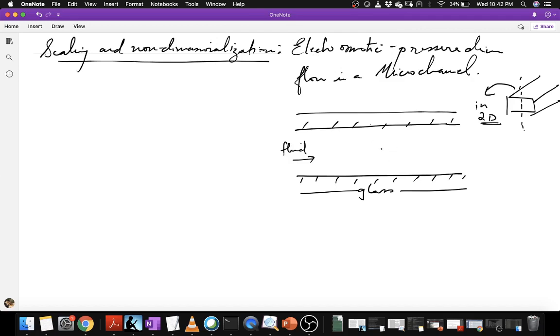So what is electro-osmotic flow? So if these channels are made of glass typically, glass is negatively charged. So you have static negative charges sitting inside this glass wall. And the same holds for the wall on top as well.